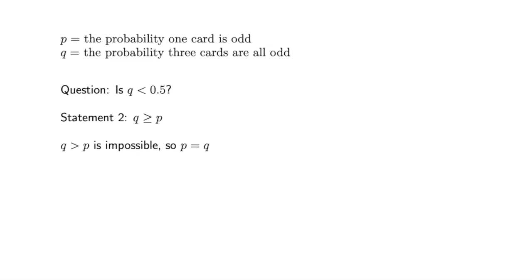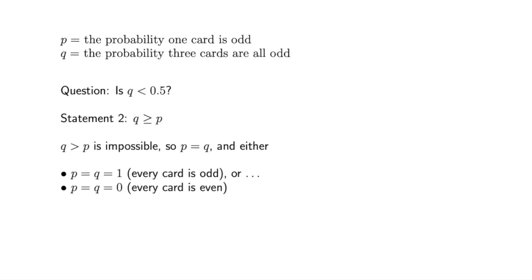But what can be true is that Q is exactly equal to P, and that can be true in 2 extreme situations. If every card in the deck is odd, then whether we pick 1 card or 3 cards, we're guaranteed that our cards will be odd, so Q and P can both be equal to 1.